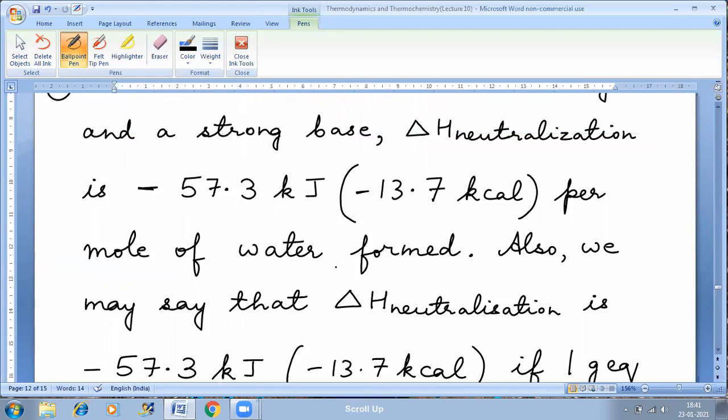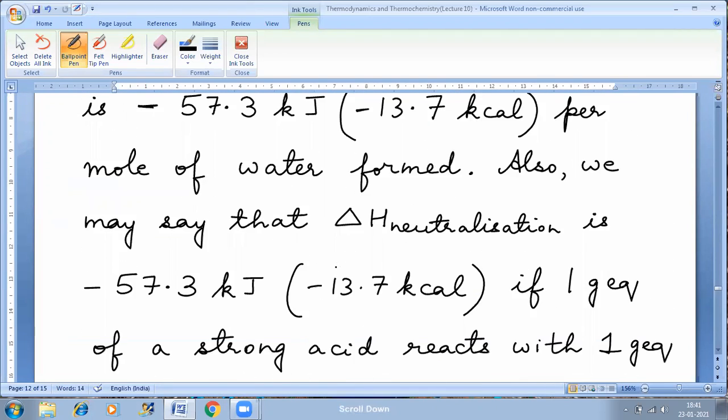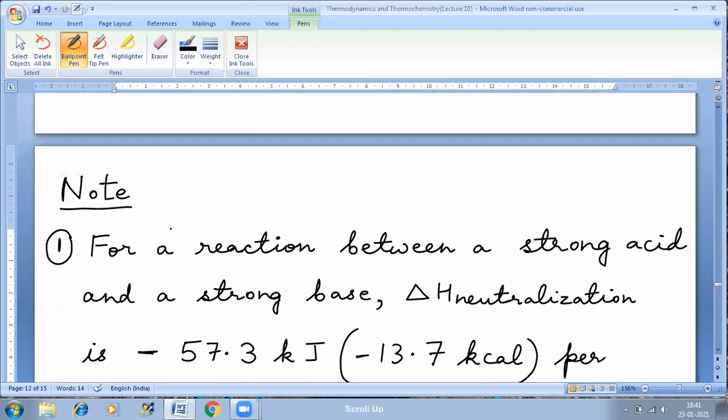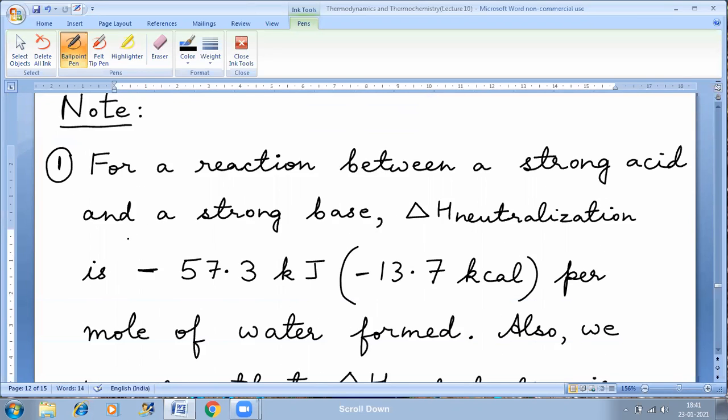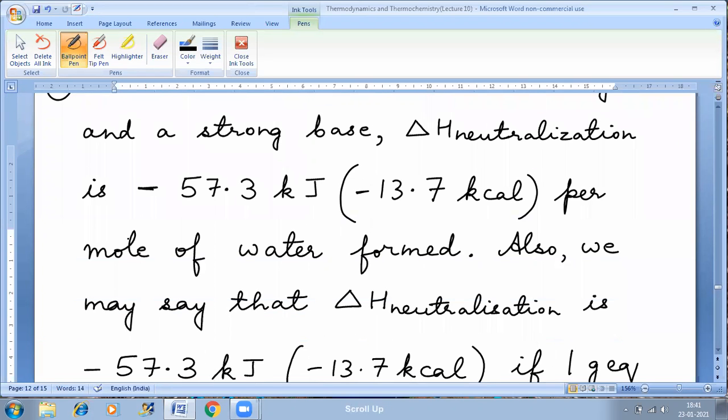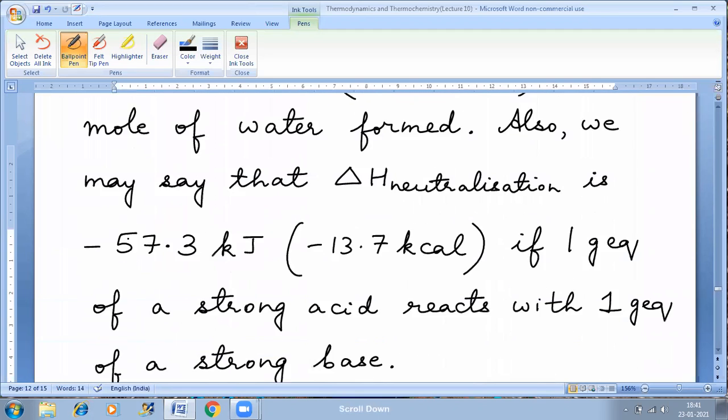So can I say that neutralization is an exothermic reaction? Because delta H is negative. So neutralization is an exothermic reaction.